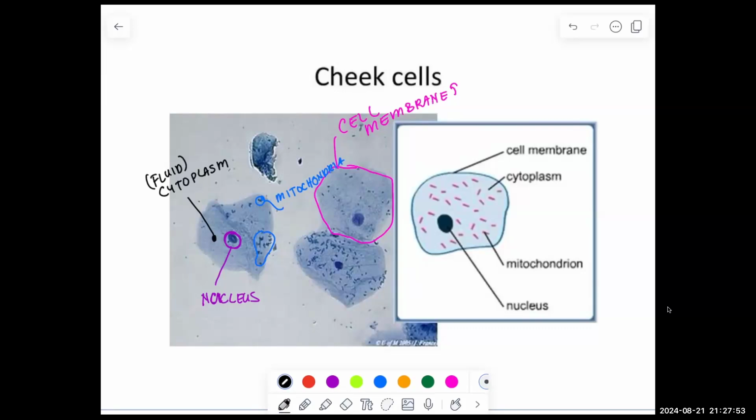What I need you to do is to be able to identify what the organelles are, and we're going to have to start talking about functions of these parts, because cells make tissues, tissues make organs, and organs make organ systems. That's going to be the topic of the entire course.